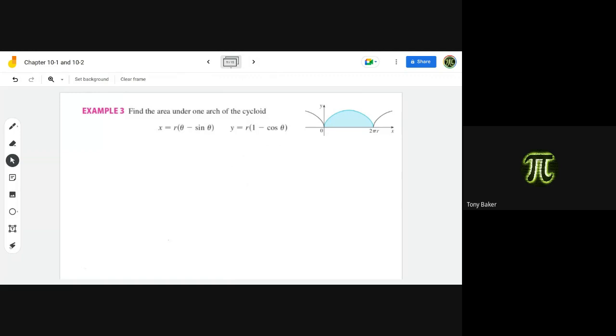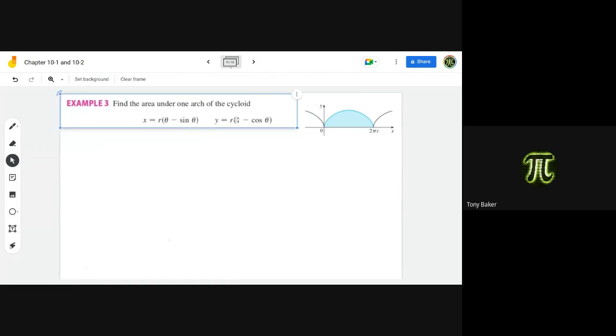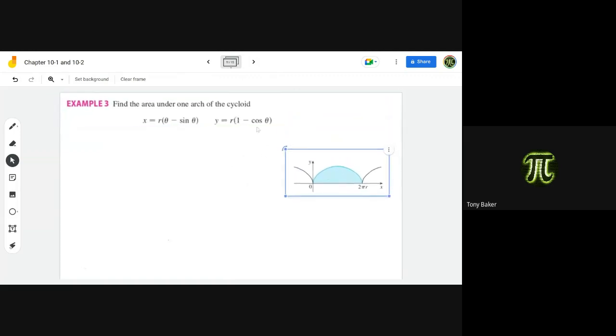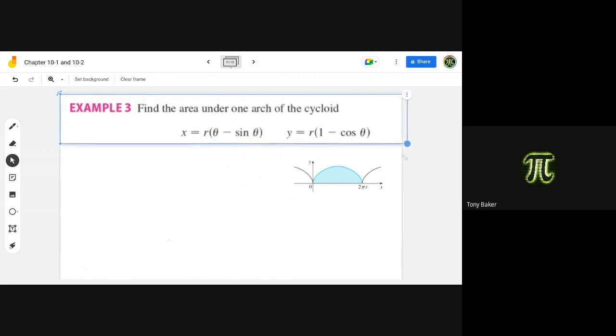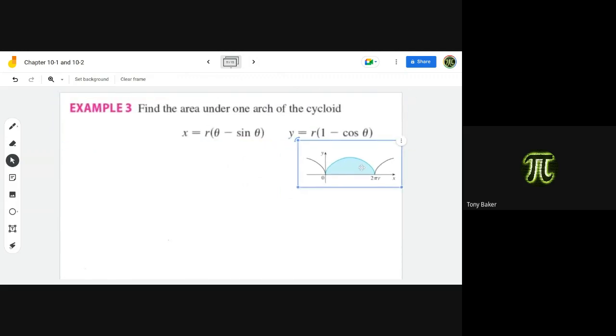All right, so let's look at the cycloid. Here are my equations for my cycloid. I want to know the area under one cycloid, one arch.